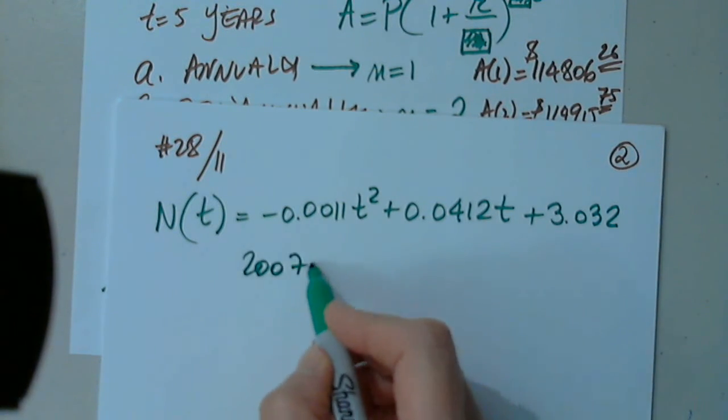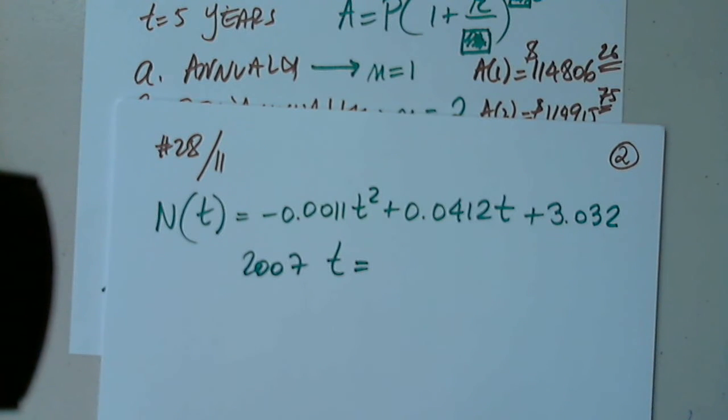So 2007 represents t equals how many years? T is the number of years since 2007. 5 years. So 2007, what does 2007 represent? For somebody born in 2007, how old is that person in 2007? 15 years?